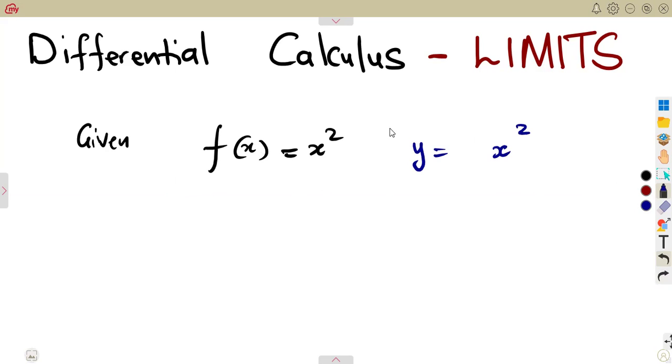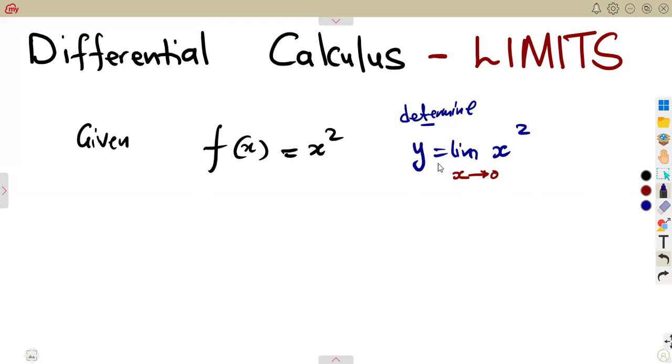And you're asked to determine the limit of this expression of y, which is equal to x squared, when you are given a condition of x limited to a certain value. So this is showing us x is approaching 0.